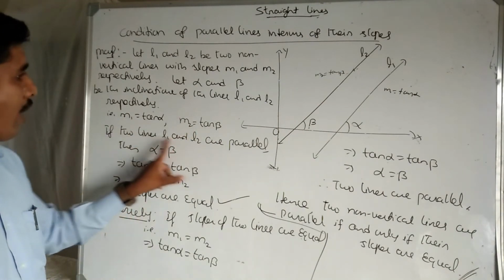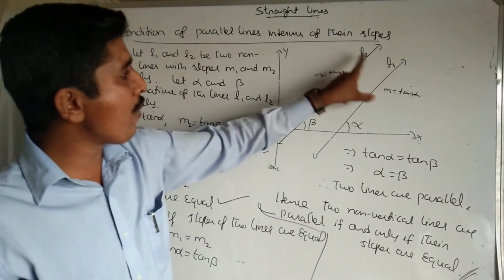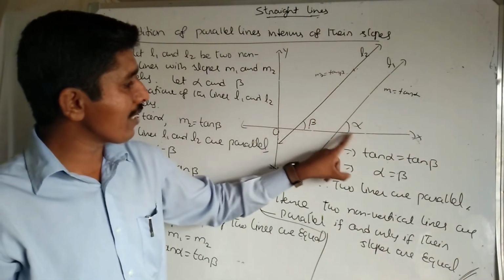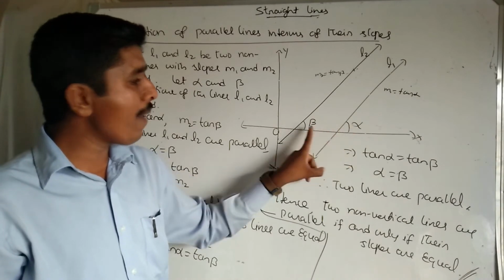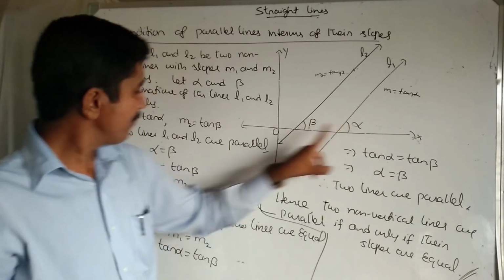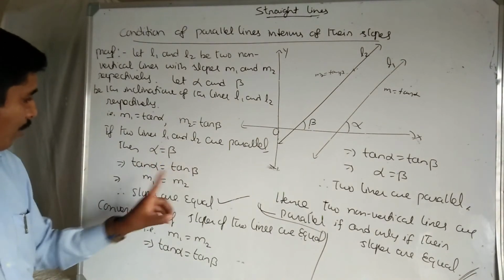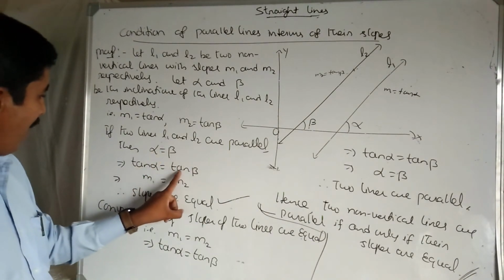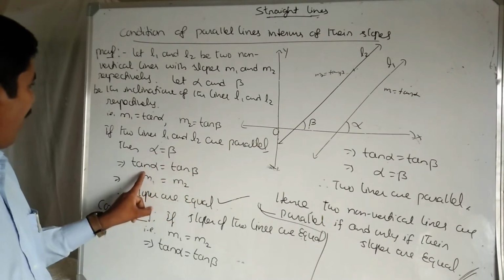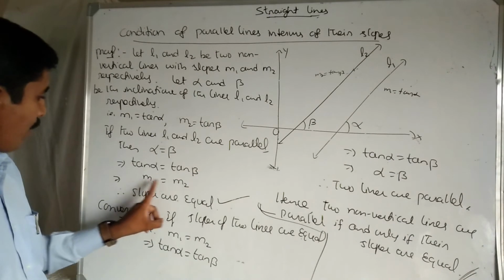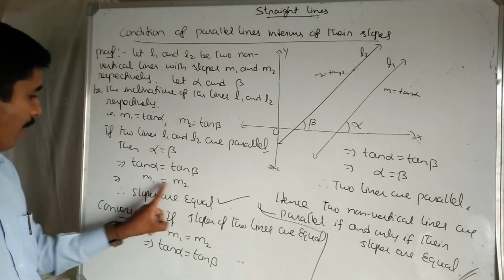First, if two lines L1 and L2 are parallel, then clearly their inclinations with the x-axis are equal, so alpha equals beta. Taking tan on both sides, tan alpha equals tan beta. Tan alpha is M1, tan beta is M2, so M1 equals M2, which means the slopes of the two lines are equal.